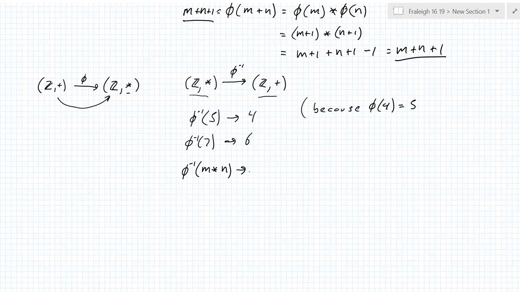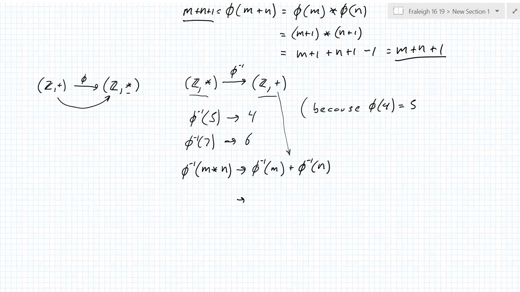Well, if it works correctly, as an isomorphism, it should be phi inverse of m plus phi inverse of n, right? That's the operation on this side.